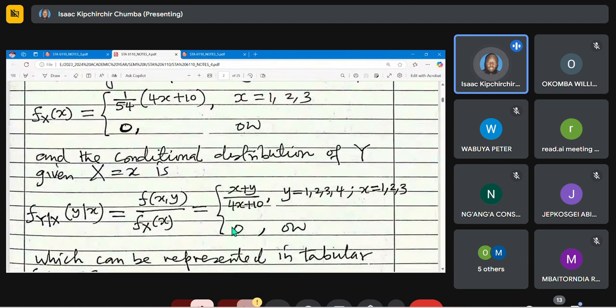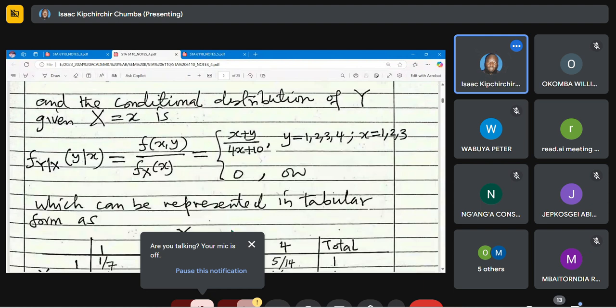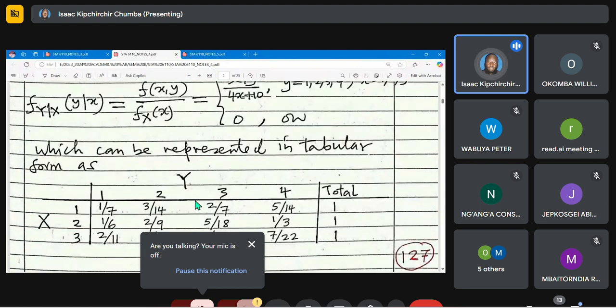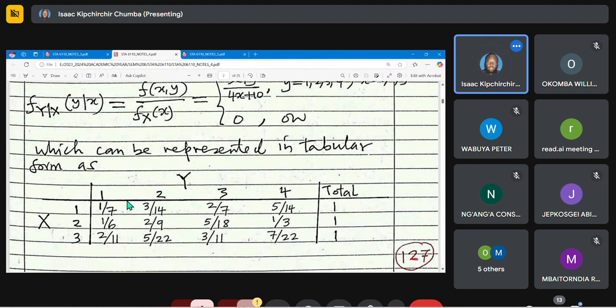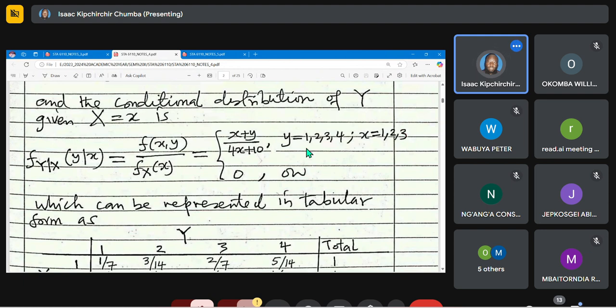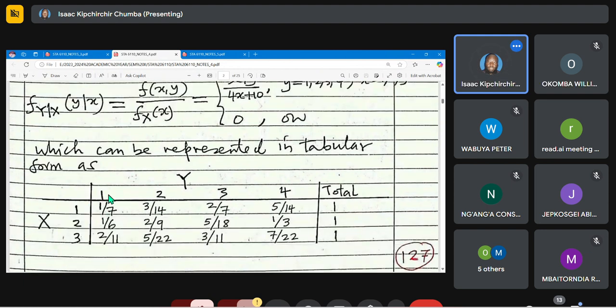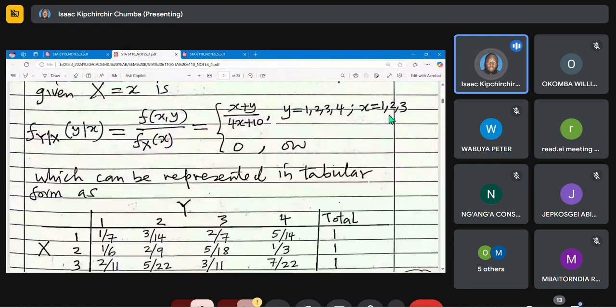And the same can also be represented in tabular form. So you are looking at the conditional distribution of y given x. You see, y takes 1, 2, 3, 4, and x takes 1, 2, 3.